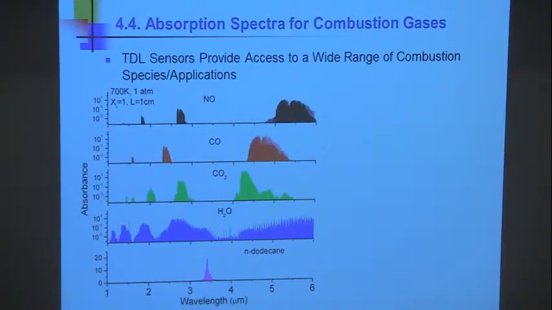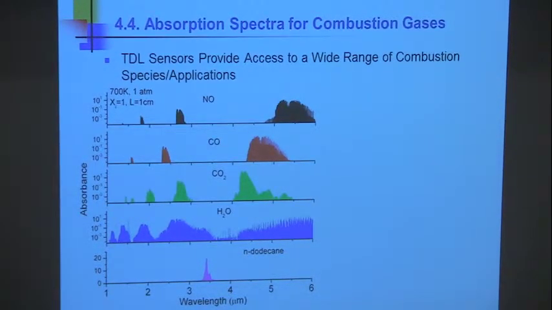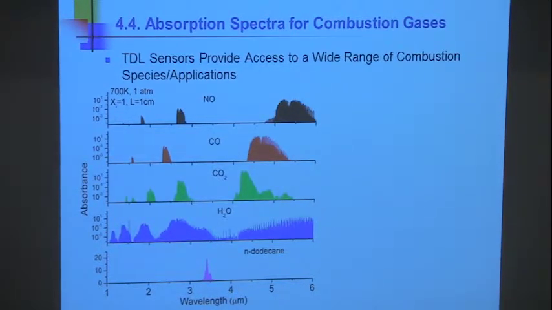So you have to be aware of where these gases absorb, and you also have to be aware of where they interfere. It looks like they interfere here, but usually the spacing of the lines is such you can find windows. Water, the good news about water is it absorbs everywhere. The bad news about water is it absorbs everywhere. So it's a constant problem. So it's an opportunity and it's a problem.